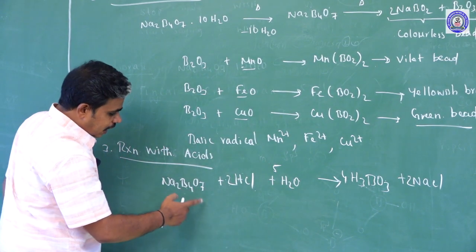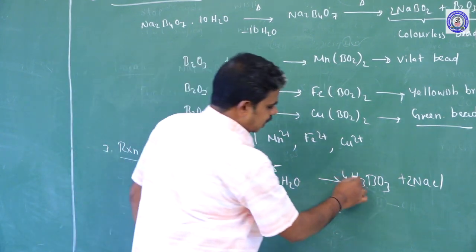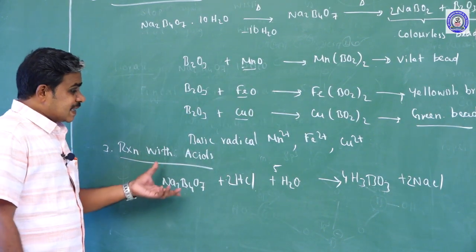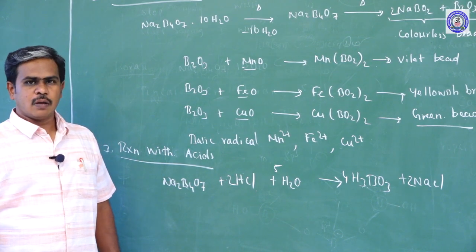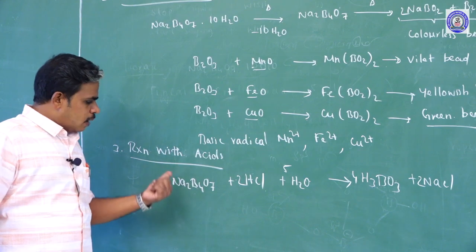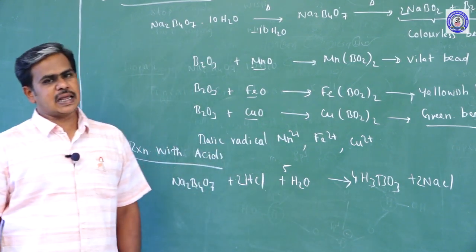Now oxygen. Oxygen is 7 and 5. It is 12. So it is balanced. So it is the preparation method of boric acid. How will you prepare boric acid from borax? Borax is treated with the acid and water, which gives us boric acid and NaCl.